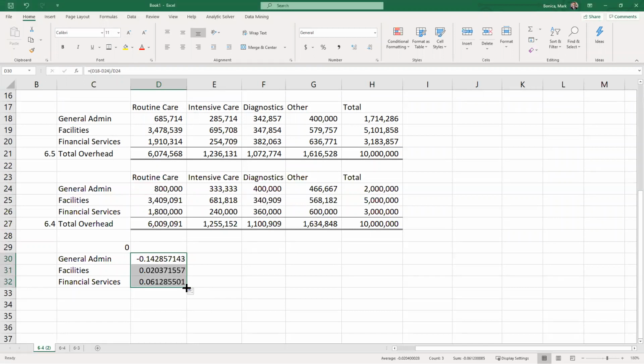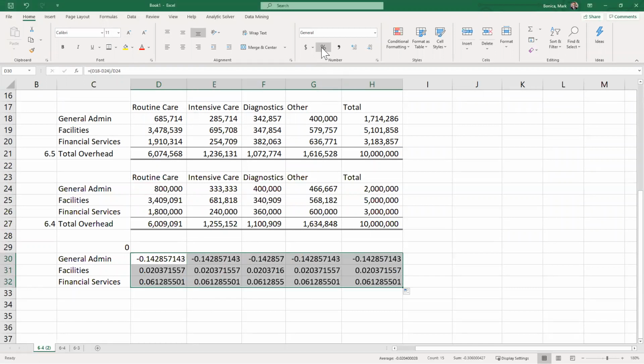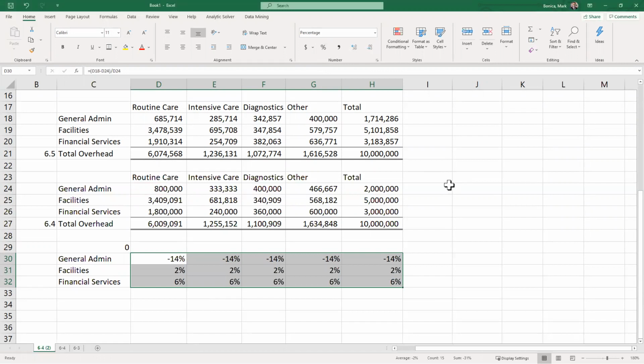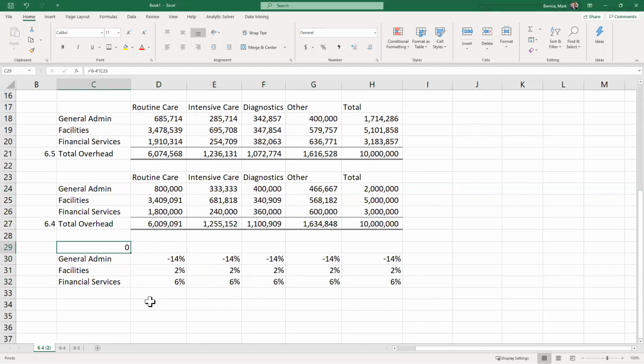So let's just do that across the board. So going from 6.4 to 6.5, for routine care, general administration costs were reduced across the board by 14%, with 2% increases for facilities and a 6% increase in financial services.